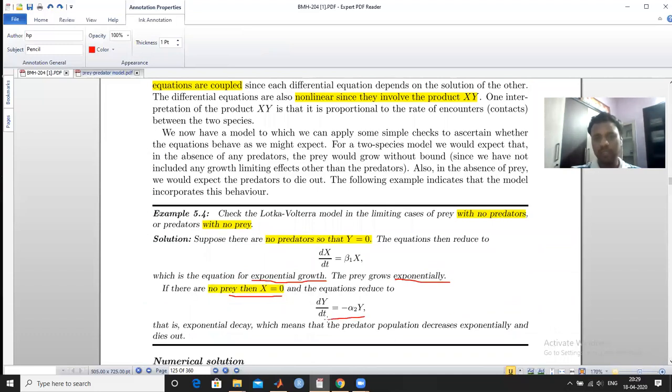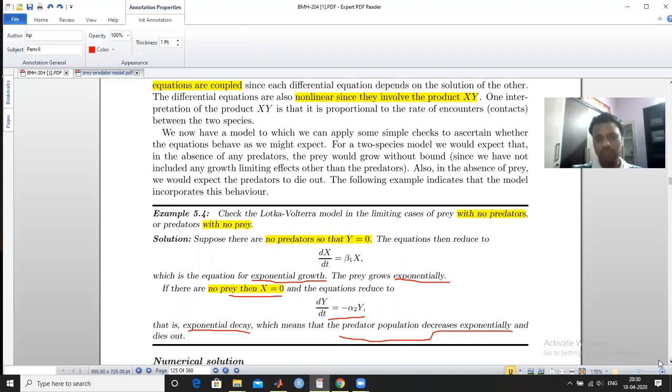Now it represents the exponential decay model, which means the population of the predator will decrease exponentially. That's clear. So in the absence of the other species, the population of one particular species increases or decreases exponentially.